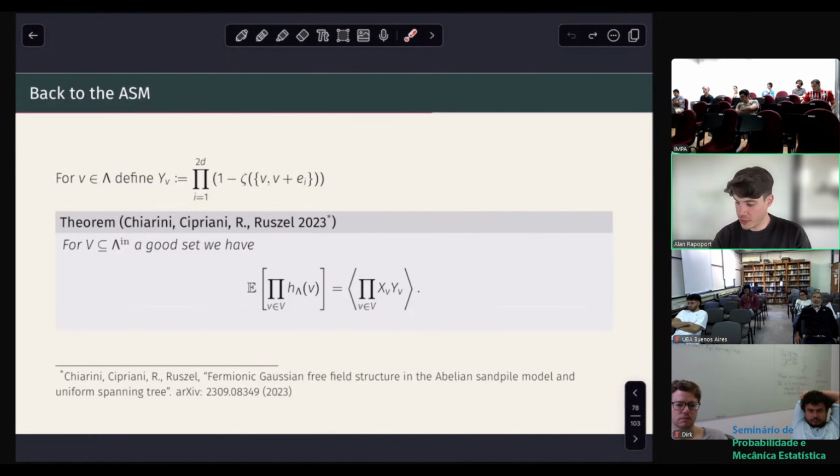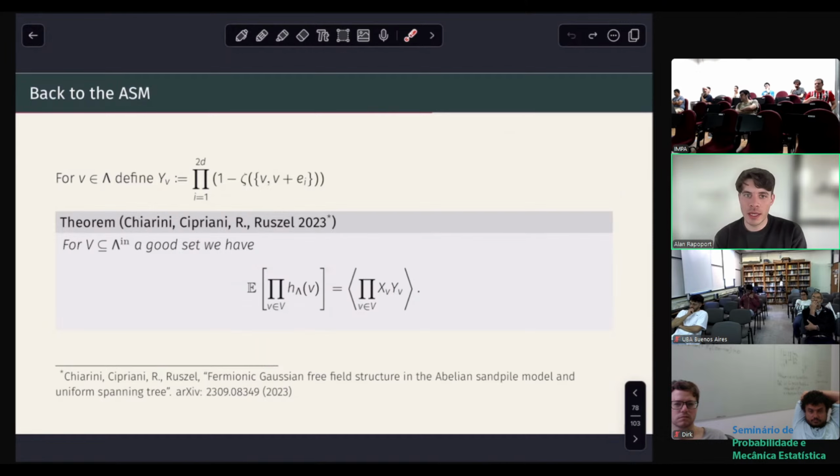So before we had defined X, which is just the sum of the zetas, and now I define Y as a product of 1 minus zeta. The reason is that degree 1, thinking about combinatorics a little bit, is like saying I want this and not this and not this, or I want this and not this and not this.